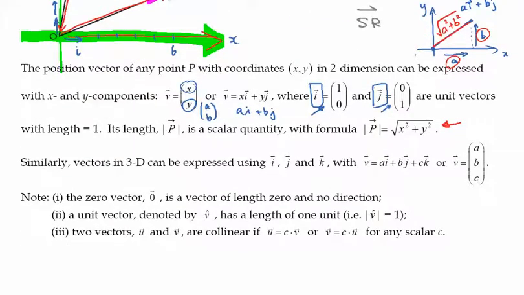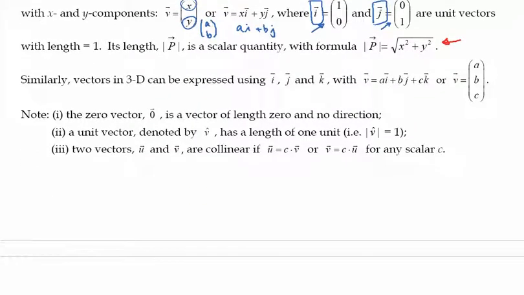You can also extend this idea into 3D, where you have i, j, and k to indicate the line going in the x direction, in the y direction, and in the z direction. For a vector to go in the z direction, you're talking about its height on your graph when the x and y axes are still on 2D, like on a plane.